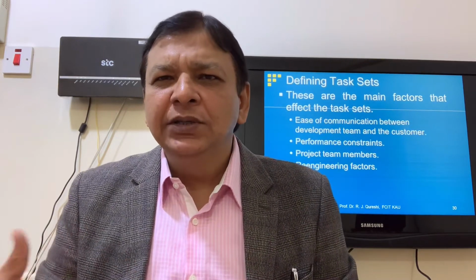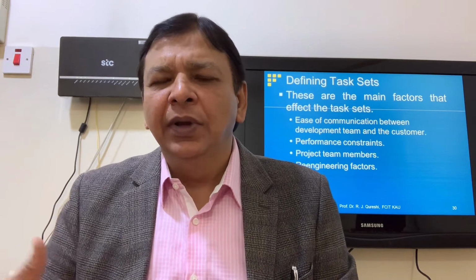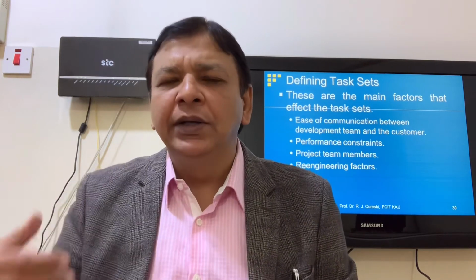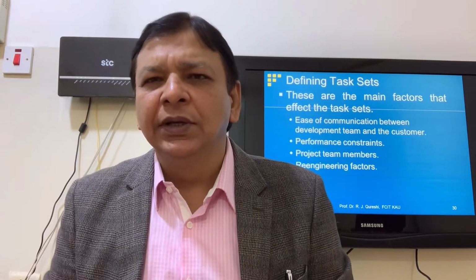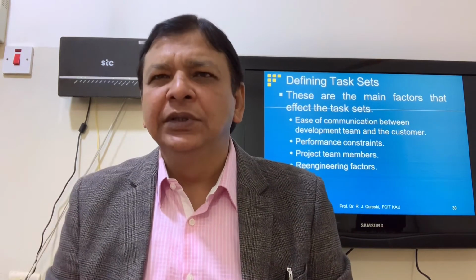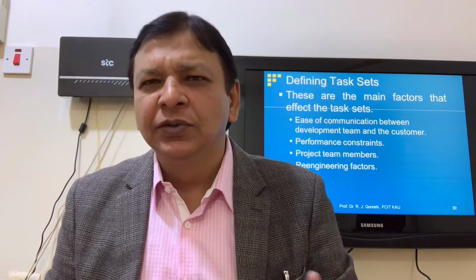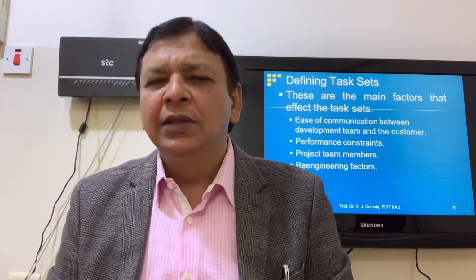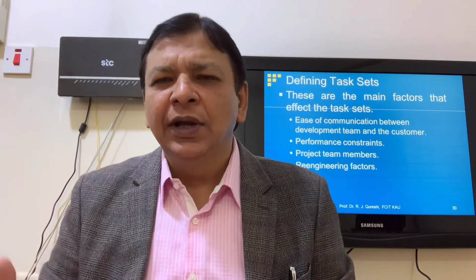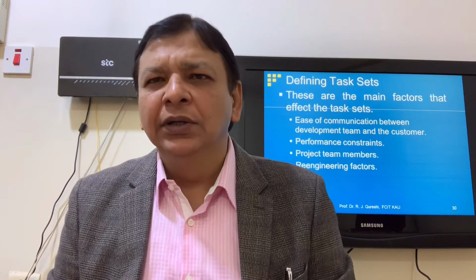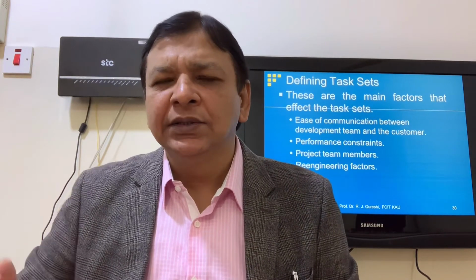How easy is it to communicate between the team and the customer? If it is outsourcing, third party software development, or an offshore company, then it's very difficult to communicate with the customer. The customer doesn't have direct interaction with the development team. That's very difficult for communication, so task sets will be different.